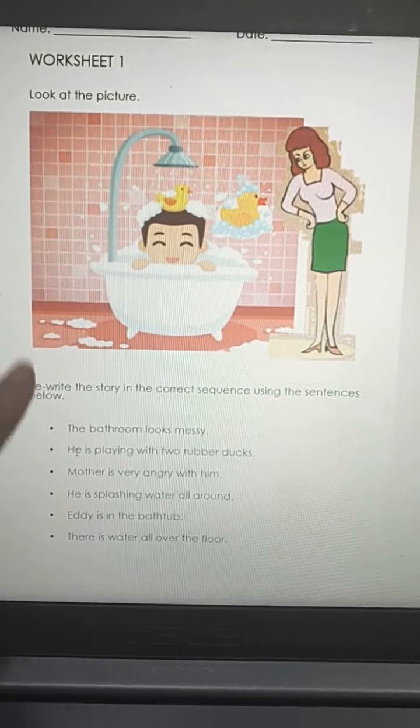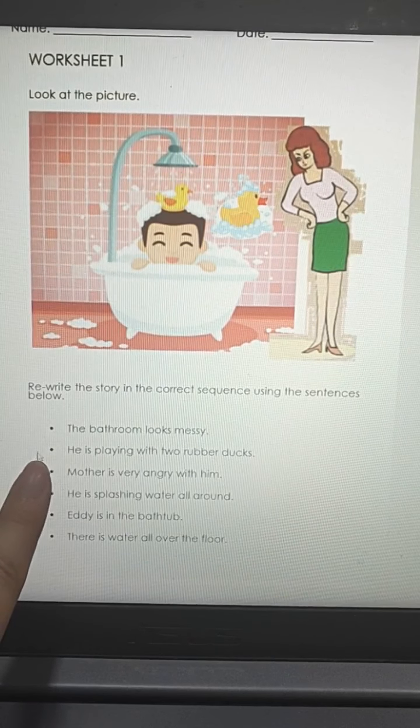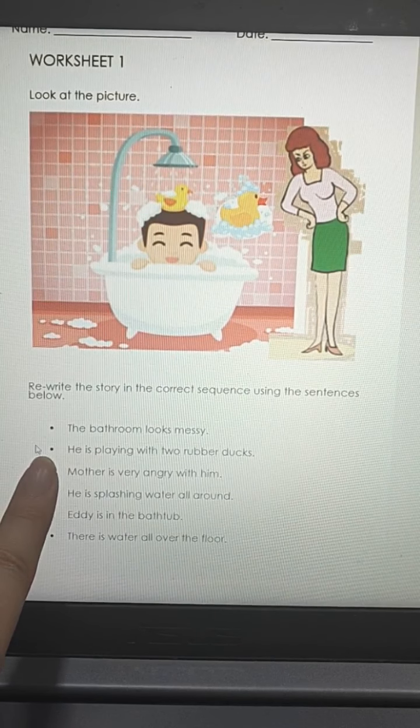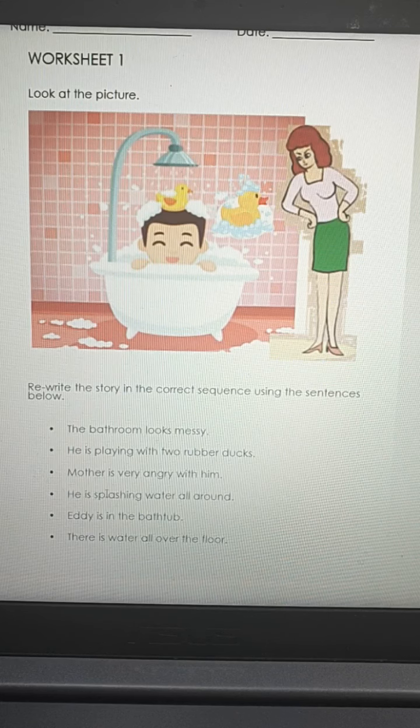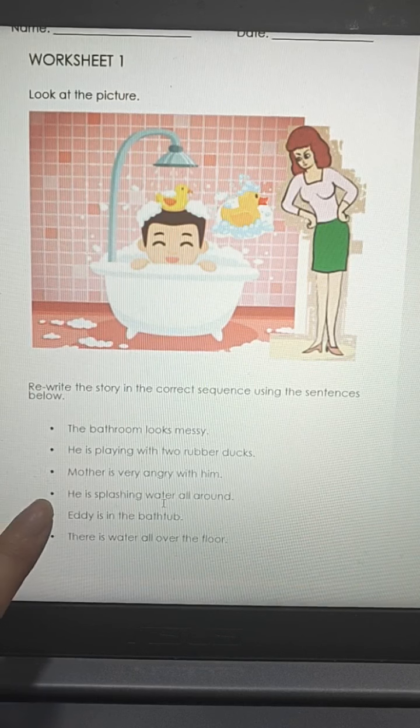Okay, so please write number 2 here. Write number 2 beside the bullet point 2. Okay, which one should be the third sentence? The third sentence should be this. He is splashing water all around. Okay, so you write number 3 here beside the bullet point.